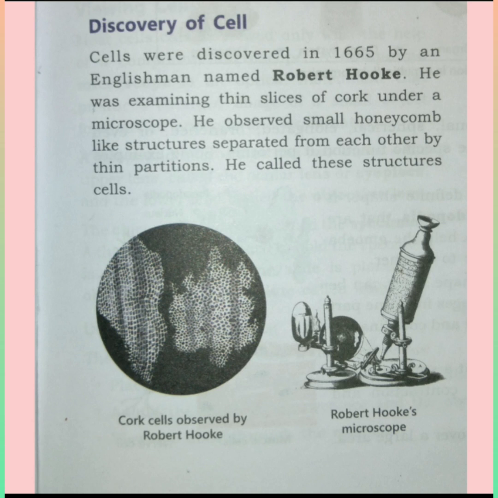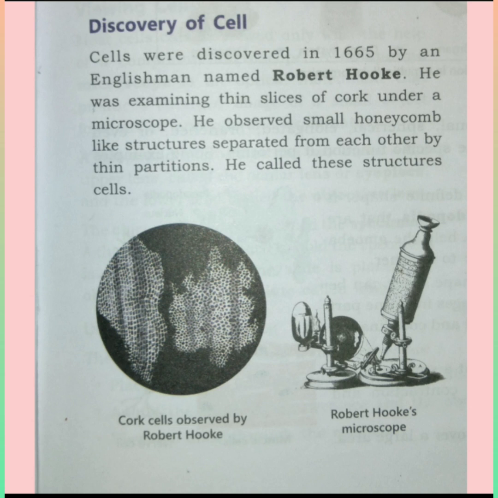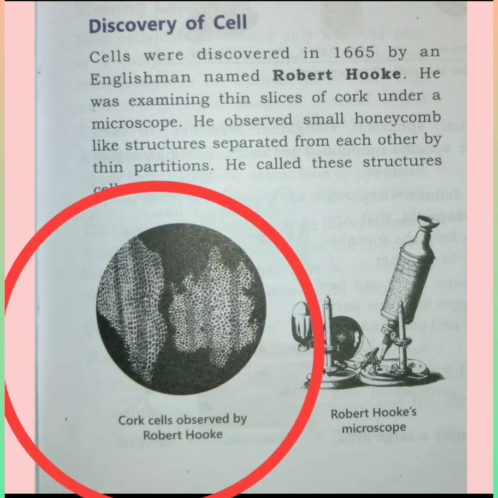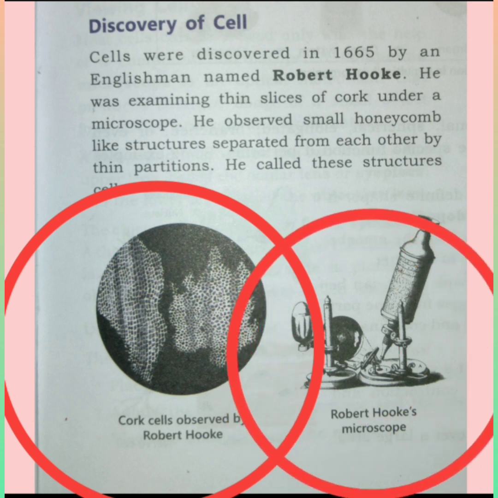He observed small structures separated from each other like a honeycomb by thin partitions, like this, and he called these structures cells. You can see cork cells observed by Robert Hooke here, and his microscope through which he observed these cork cells.